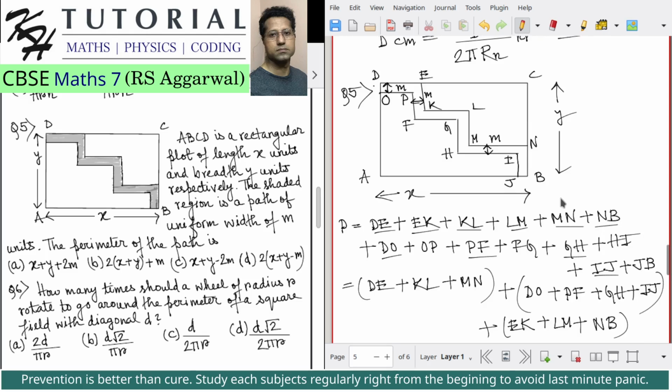Let me clearly check if I have computed the perimeter correctly or not. So the perimeter is DE plus EK plus KL plus LM plus MN plus NB plus DO plus OP plus PF plus FG plus HI plus JB.